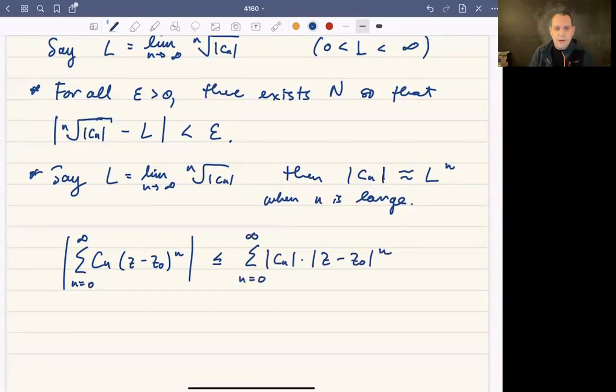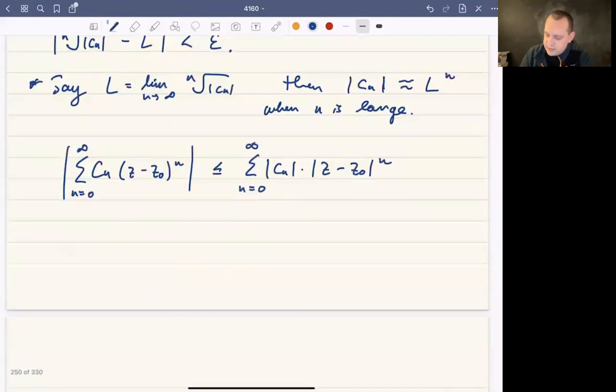And all we care about is when n is large, because when n is small, that doesn't affect convergence. That can affect what it converges to, but it won't affect whether or not it converges. So take whatever your favorite series is, throw out the first billion terms, and then study the rest of it. The rest of it is what determines whether it converges or not. So all we care about is when little n is large.